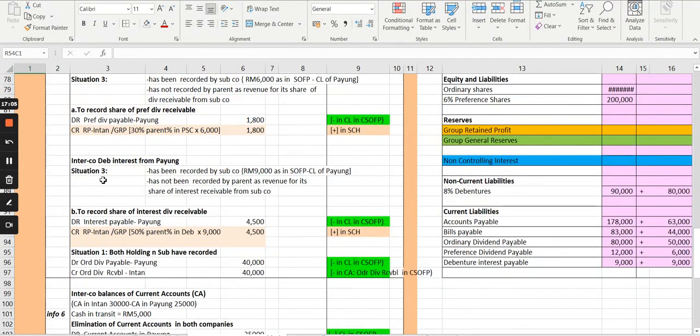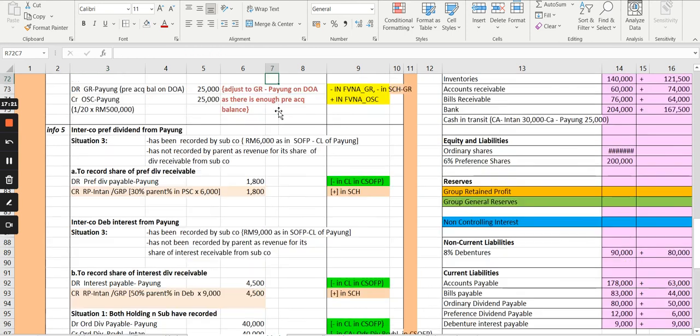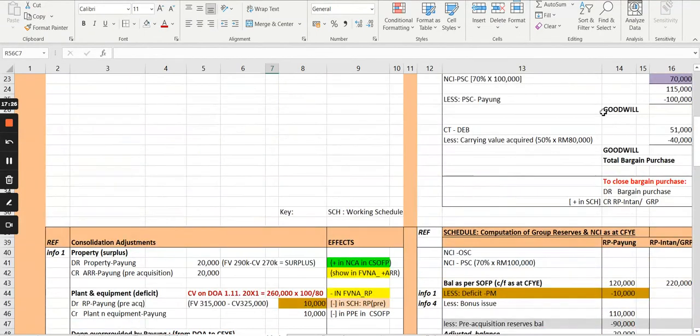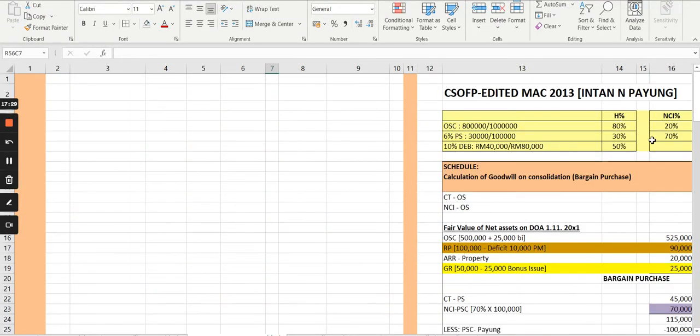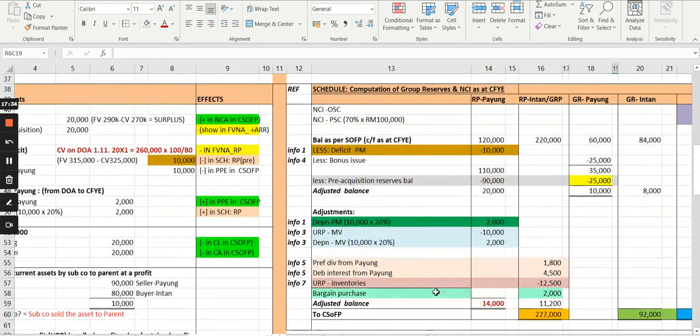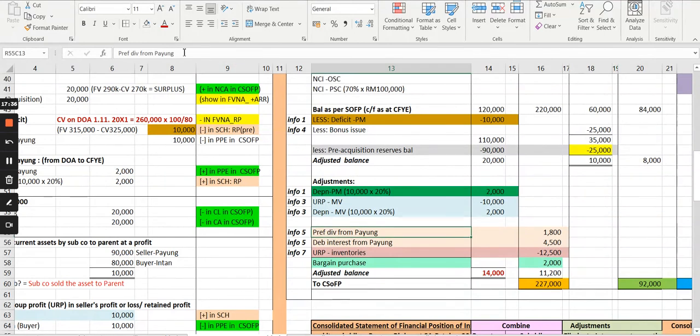So this is to record the preference dividend. The preference dividend has not yet been credited, so now we need to go and take credit, which is taking the percentage that has been acquired. Okay, percentage that has been acquired is 30%. So that is why you have the figure here to be 30%. So I will put the calculation for you. 30% times 6,000.